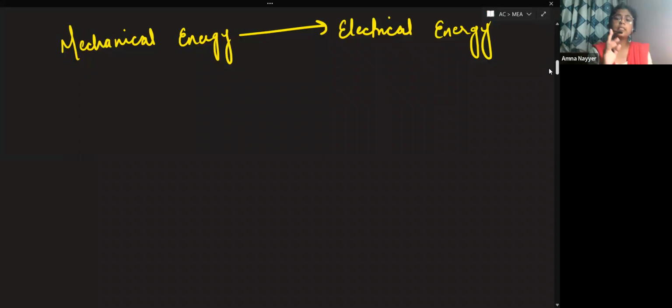The basic concept remained the same. EMF got induced because of the rate of change of flux. That was the whole concept of EMI. So the principle is the same.